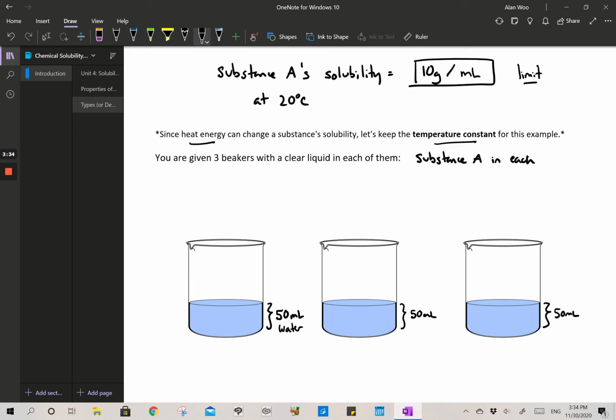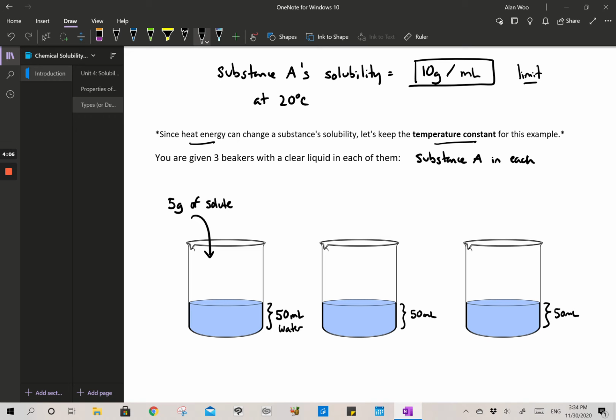So if they all have the same volume, depending on the amount of solute I put in, we will make 3 different types of solutions with different saturations. For the first beaker, I'm going to add in 5 grams of solute.